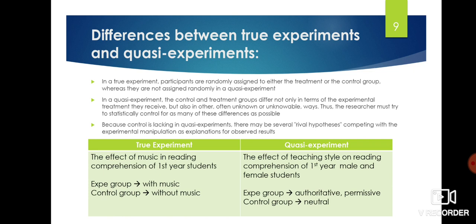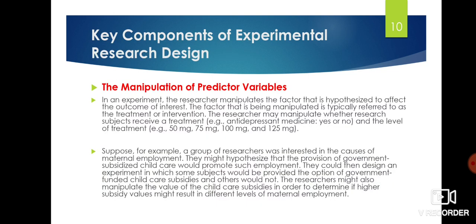And class, mind you, mostly naman tong mga true experiment ginagamit ito in creating or discovering new medicines for a certain illness, because they really wanted to be sure na yung nakakagamot sa isang bagay is actually this kind of drugs or this kind of chemicals. So, parang ganon yung nangyayari dito between true experiment and quasi-experiment.